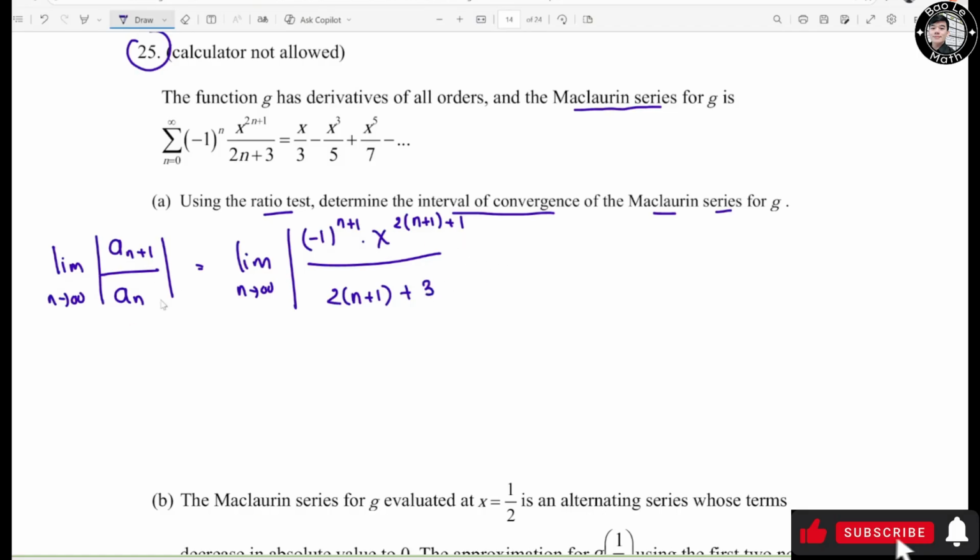And then divide by a sub n, which means multiply by its reciprocal. So it's 2n plus 3 over negative 1 raised to the n times s raised to the 2n plus 1. I'm going to simplify this guy. It's actually the limit when n approaches infinity.